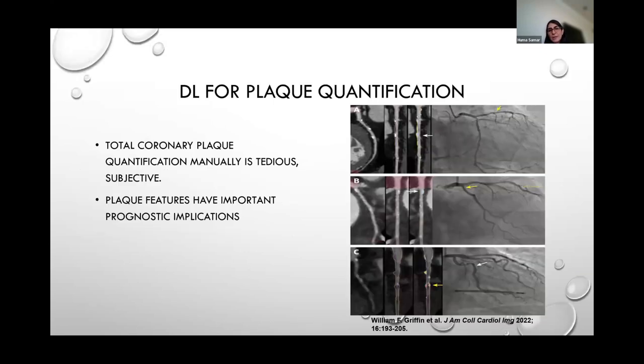But more importantly than that is that these algorithms can do plaque quantification, which really is almost impossible to do manually. It's very time consuming. So it's not done in a clinical setting. It's only done in research settings where quantification of plaque for the entire coronary tree can be done. But now with these deep learning algorithms, we can do it in a clinical setting because it's done in such a short amount of time.